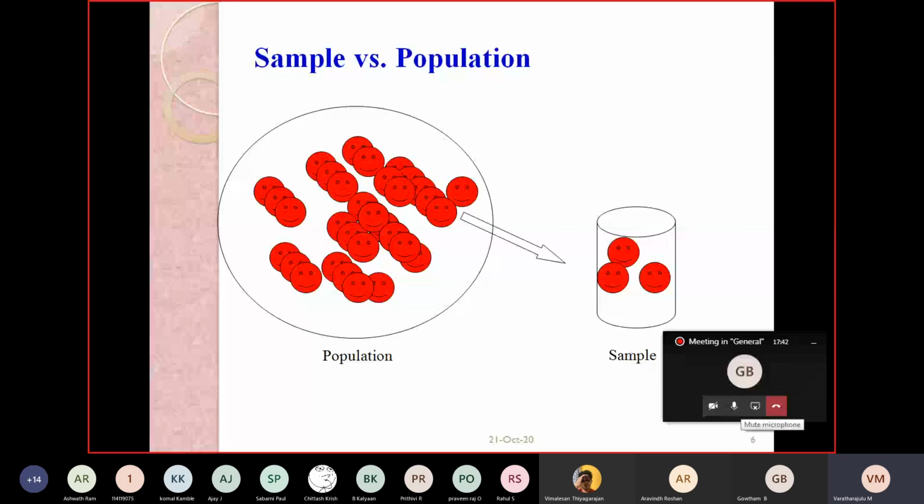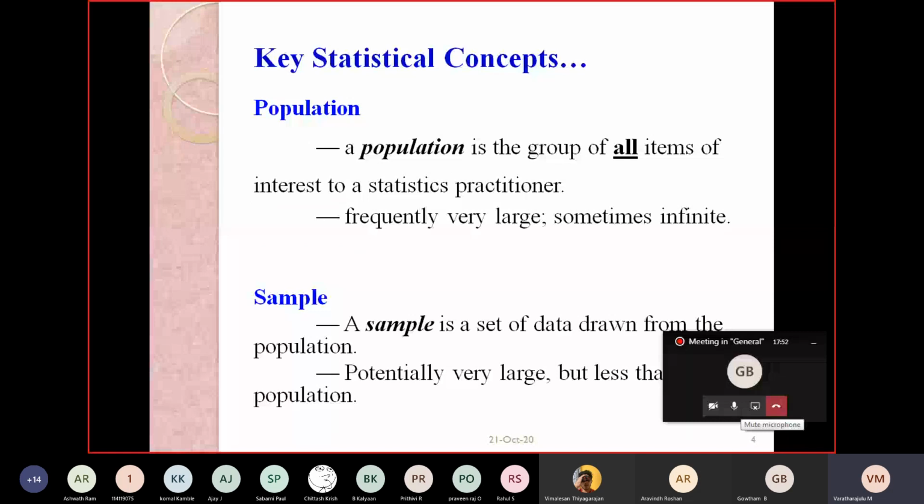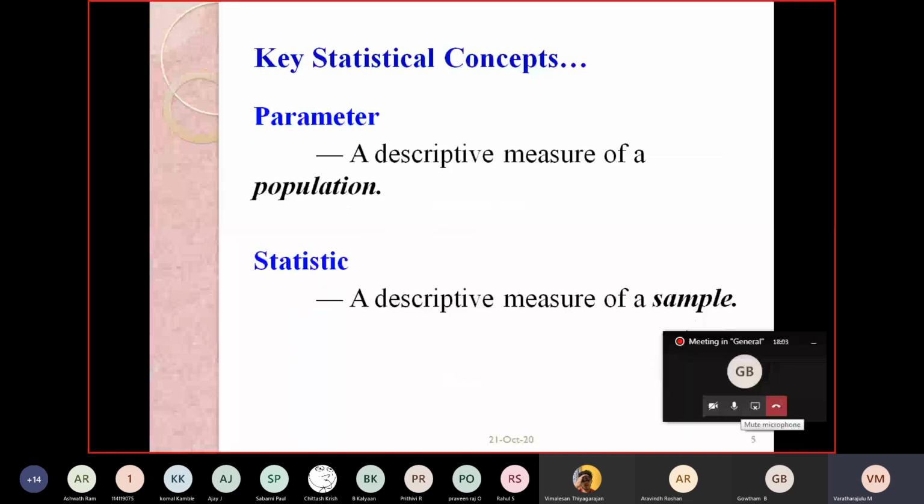The population is a group of all items of interest to the statistical practitioner, typically very large and sometimes infinite. A sample is a subset of the population, lesser than the amount of population. Parameter and statistic: a descriptive measure of a population is a parameter, and similarly a descriptive measure of a sample is a statistic.